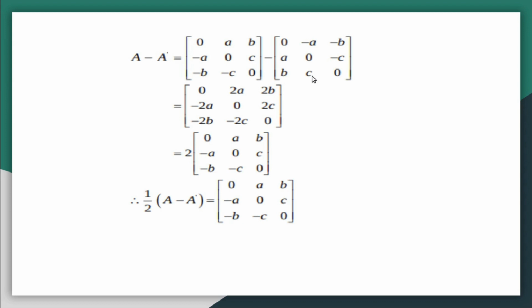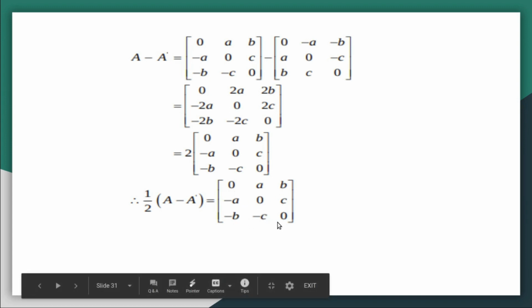Minus c minus is minus 2c. 0 minus 0 is 0. Now taking 2 outside, we get 0 a b, minus a 0 c, minus b minus c 0. So 1 by 2 into (A minus A dash) is 1 by 2 into 2 into this matrix. So we get matrix 0 a b, minus a 0 c, minus b minus c 0. So this is 1 by 2 (A minus A transpose).